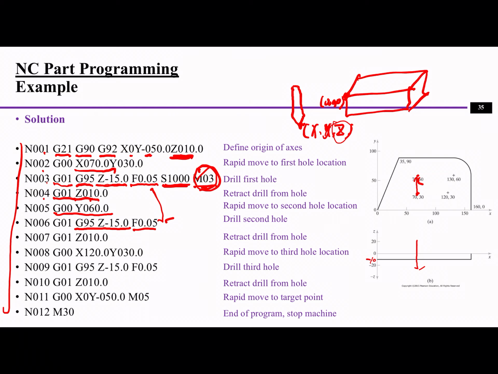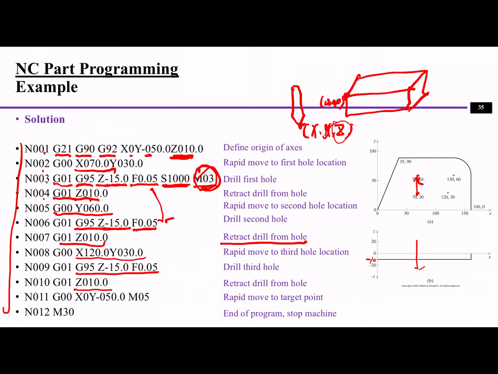We already specified it and it's still spinning, so we do not need to do anything. So we only need to specify the Z and F, and then after this operation, do the same: retract the drill from the hole, then move to another hole, drill, and then retract.